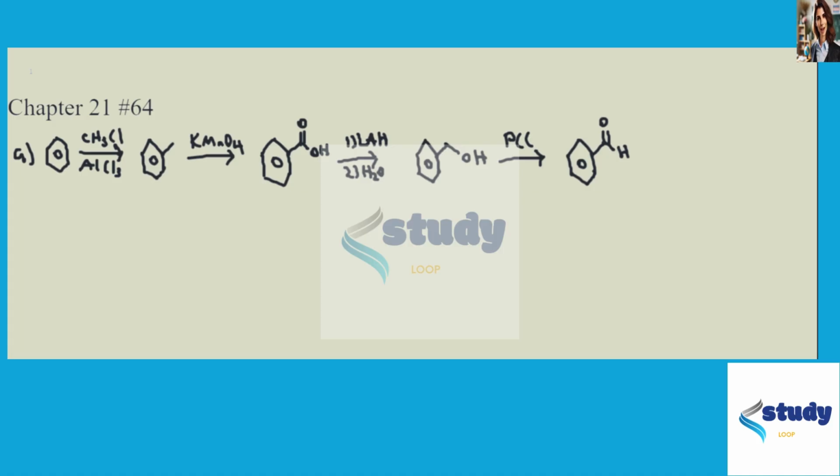In order to make the Wittig piece, we're going to start from the third intermediate that we made above, the primary alcohol. So again, we would start with benzene, do our Friedel-Crafts, do our potassium permanganate oxidation, and then the lithium aluminum hydride reduction to get to this starting molecule for the second part here.